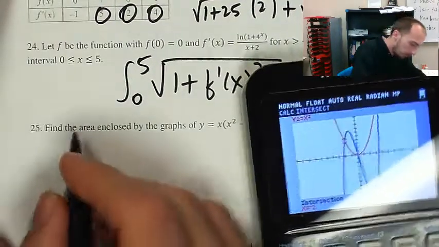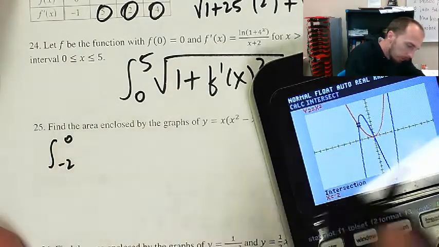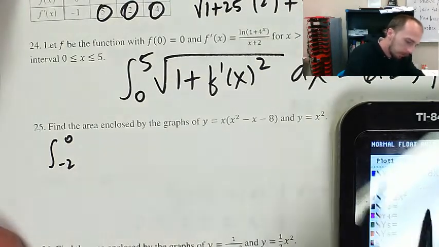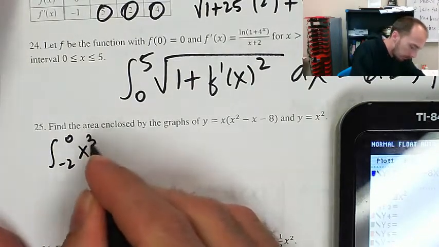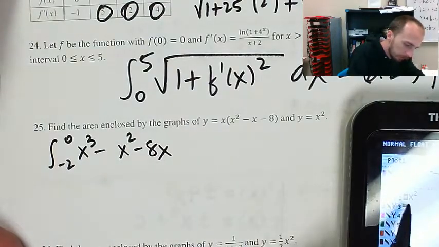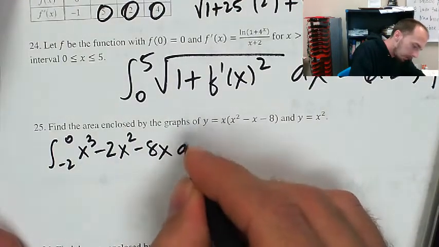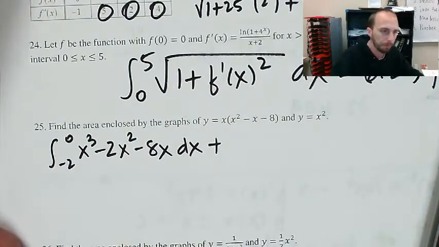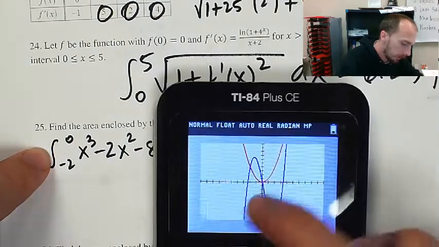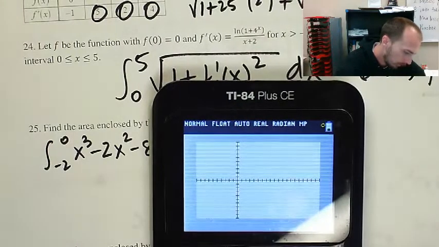So I need to integrate from -2 to 0 on the blue minus the red, which would be x to the 3 minus x squared minus 8x minus, bottom would be x squared, so I'll make that minus 2x squared. Then over here I've got the intersection again, but I need to let the window go a little higher.